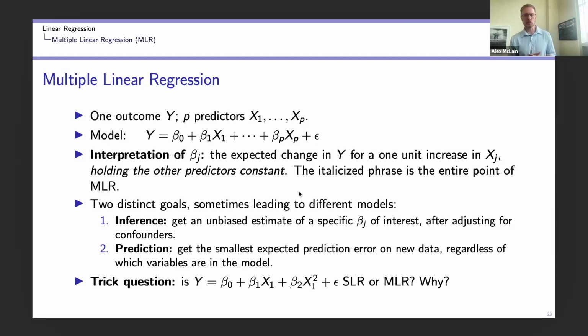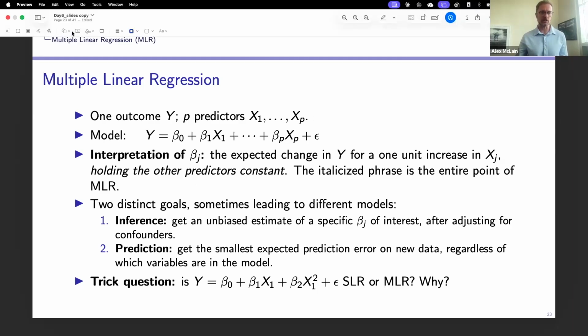Okay, so multiple linear regression. This is an extension of simple linear regression when we have multiple predictors. Interpretations are going to be a little bit different. The interpretation of beta j is the expected change in y for a 1 unit increase in xj, holding the other predictors constant.